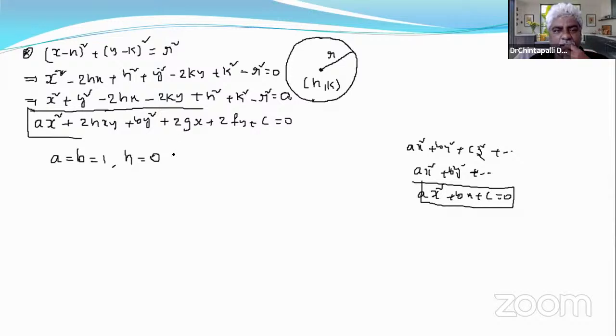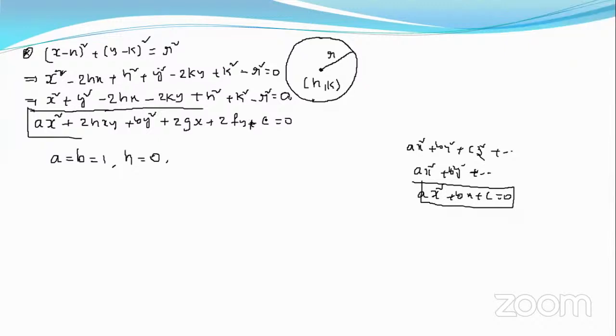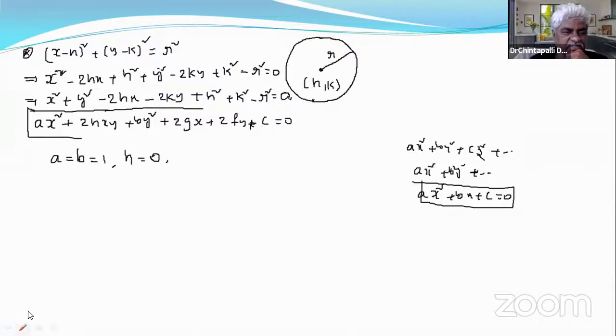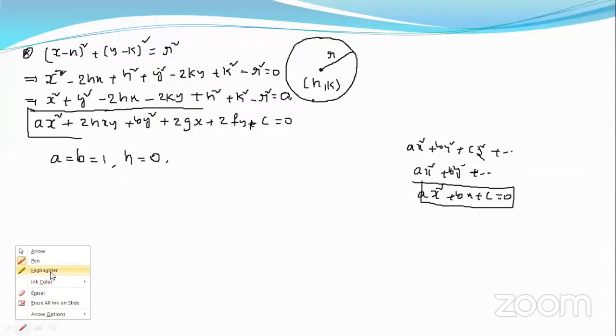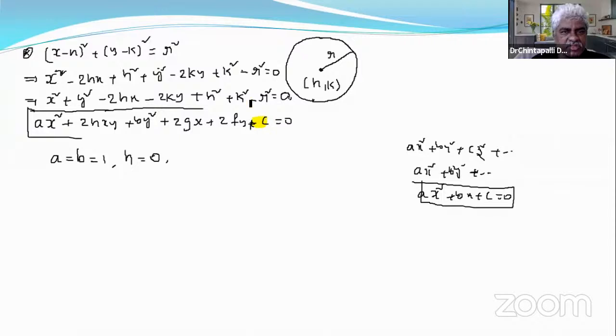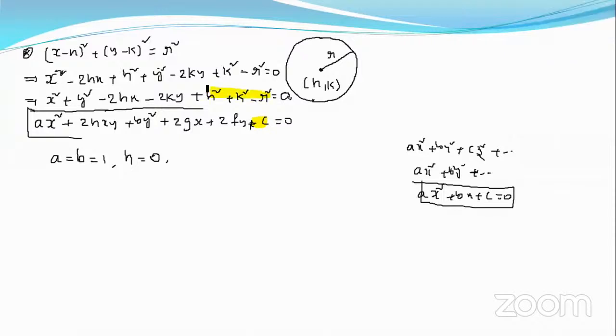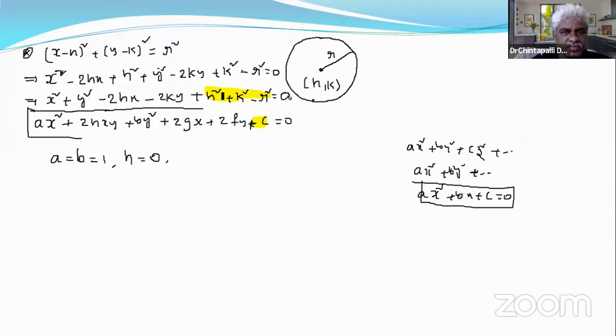One more interesting and very essential condition: what is the constant here? C is constant, right? What is the constant in our general equation? R. So we need to compare these two equations. All these are general constant terms, right?